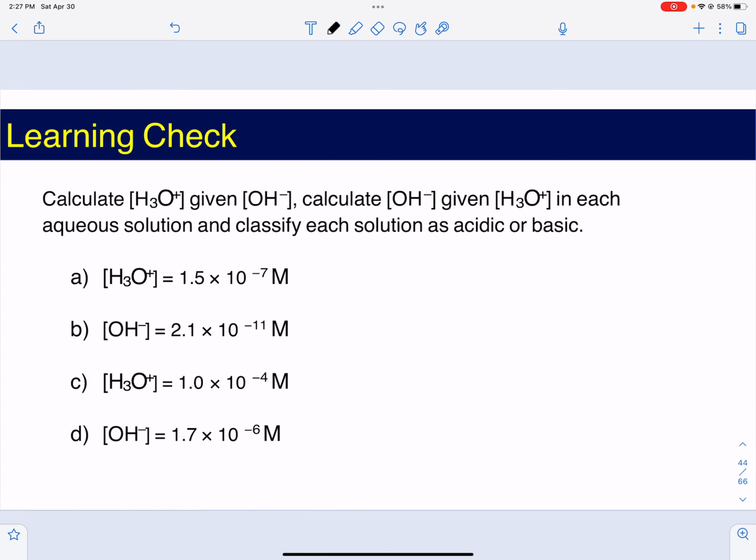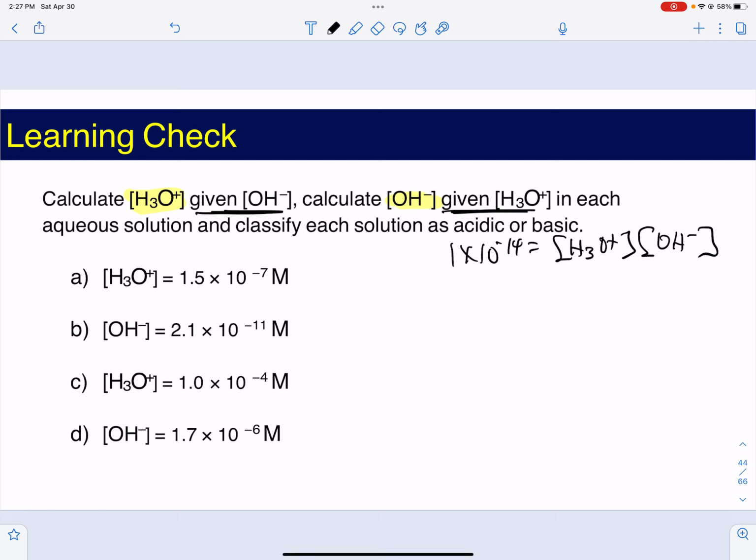So now we're going to calculate. Given the hydroxide, I should be able to find the hydronium. Given the hydronium, I should be able to find the hydroxide, because I know 1 times 10 to the minus 14 equals hydronium times hydroxide.